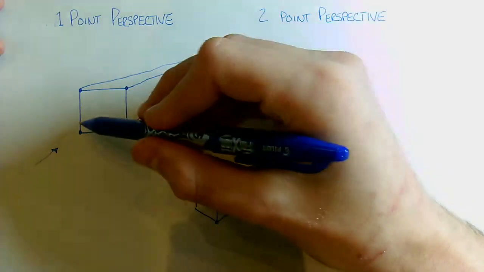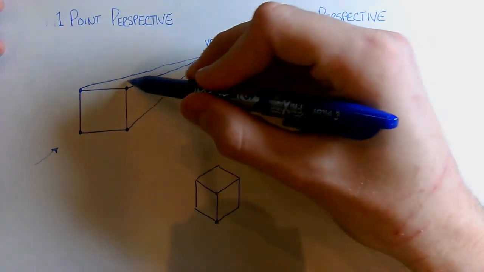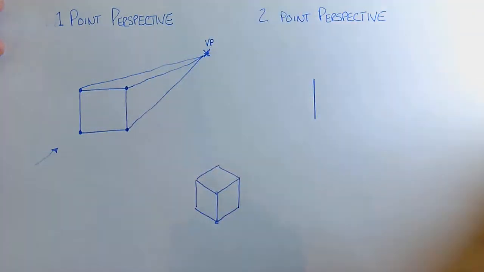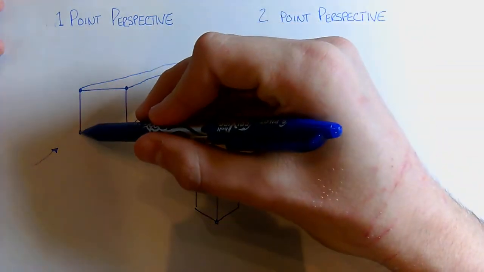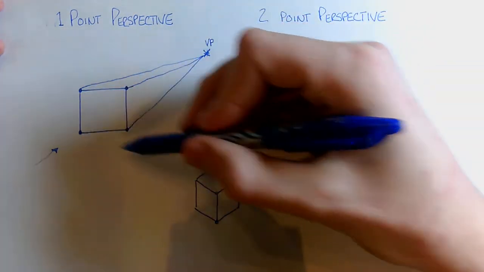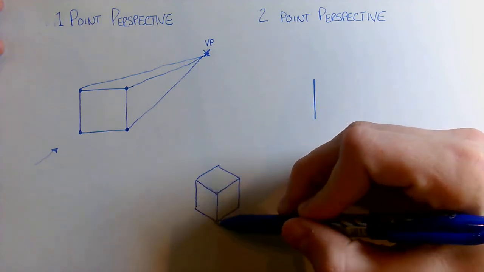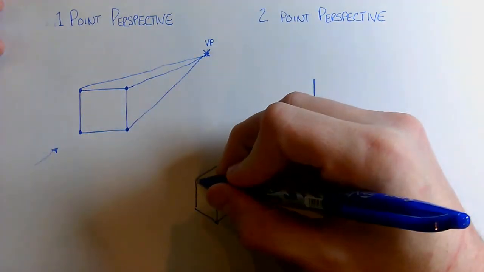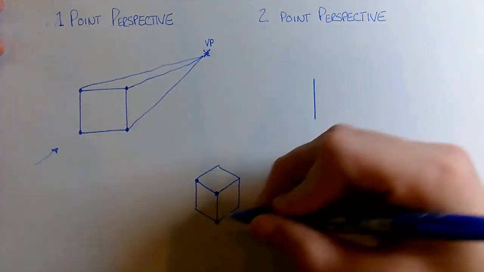Okay, so what I've got here is I've got my square, and I've got these 3 corners extended to the vanishing point. Now, if you remember back when I said that this square here is going to represent this face right here. So that means that this corner and this corner are these corners in here.